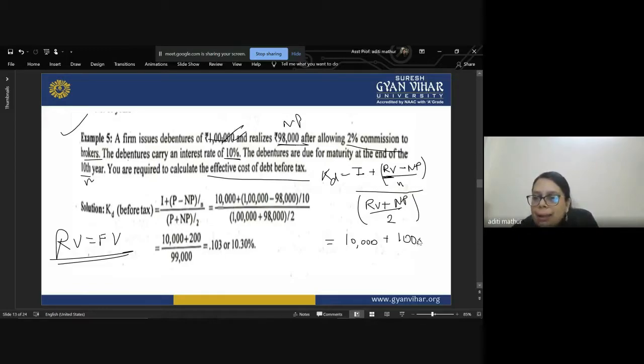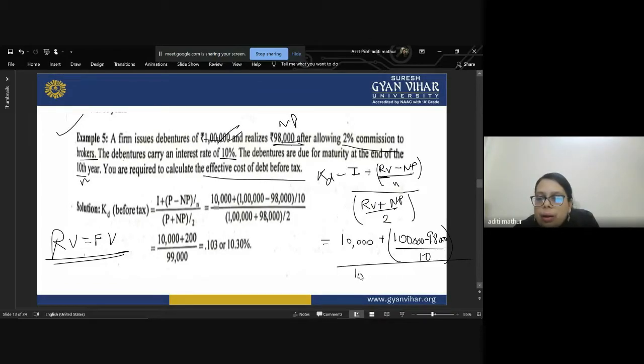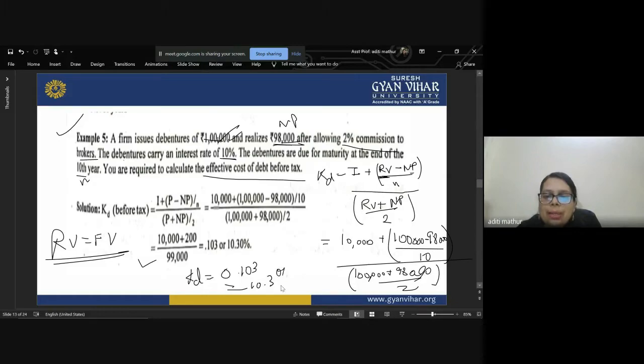So it is 1 lakh minus net proceed, that is your 98,000, whole divided by 10, because n is 10, and whole divided by 1 lakh plus 98,000 divided by 2. And when you solve the equation, you'll come to know that your KD is equal to 0.103, which can also be written as 10.3%.